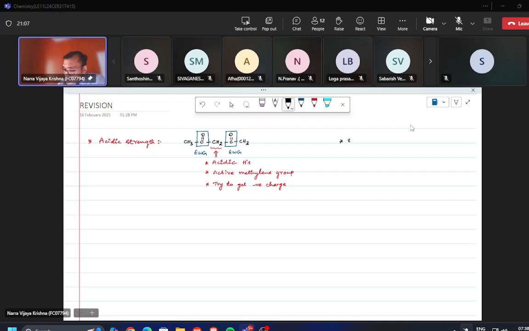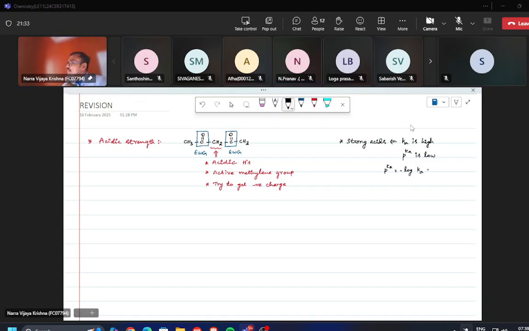In case of strong acids, the Ka value is high and pKa is low, because pKa value is nothing but equal to minus log of Ka.